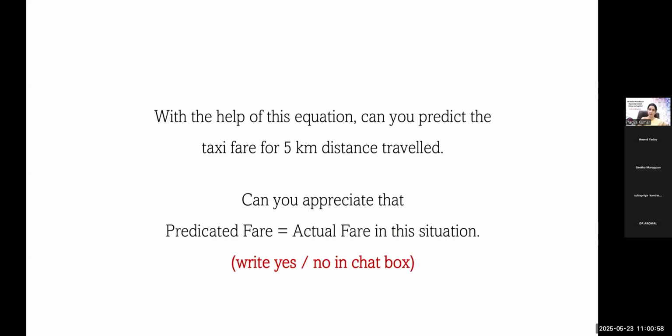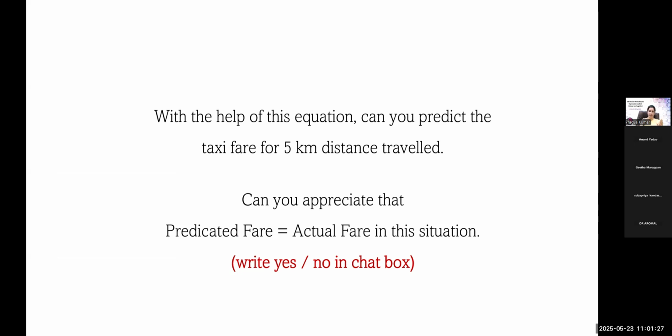So with the help of this equation, can you predict the taxi fare for 5-kilometer distance? What will be the value for 5 kilometer? Can you predict it? Please write in the chat box. $90 plus 10 into 5. So it will be 140.